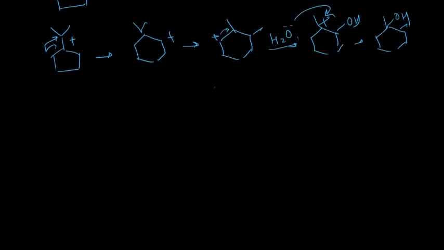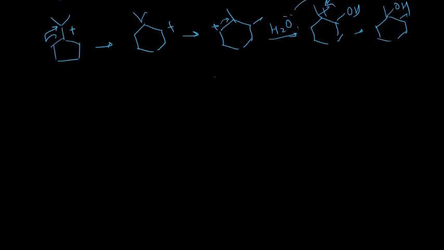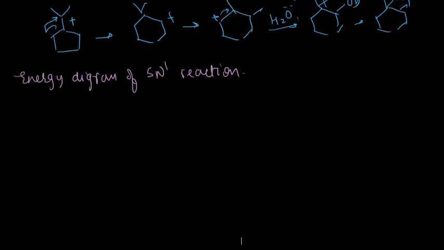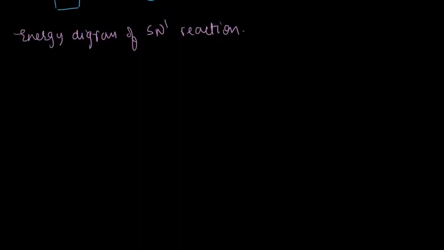Now what is the energy profile for the SN1 reaction? Energy diagram of the SN1 reaction. Let's say we have the substrate over here. It will form transition state 1, then the carbocation will form, then Cl minus will attack over here.